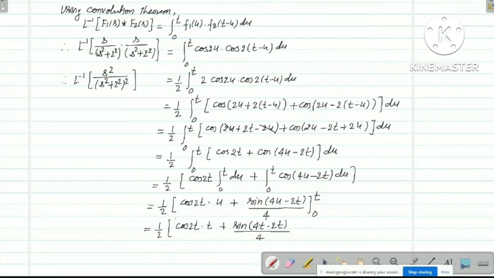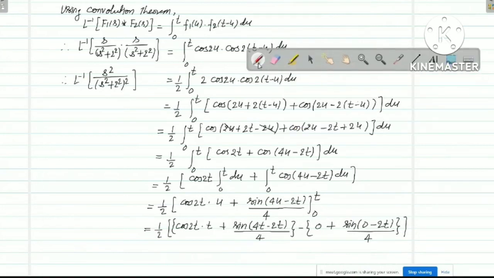This is for upper limit minus lower limit. If I put 0 instead of u, so this becomes what? 0. So 0, and plus sine, instead of u we put 0, so this becomes 0, 0 minus 2t by 4. Okay, just close the bracket.